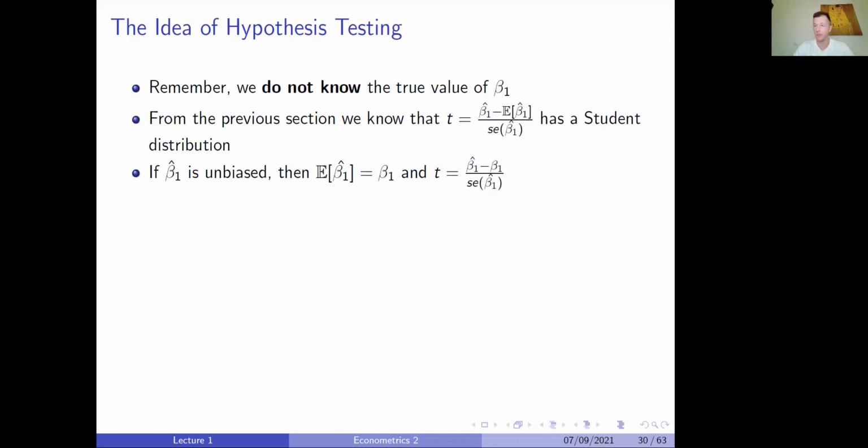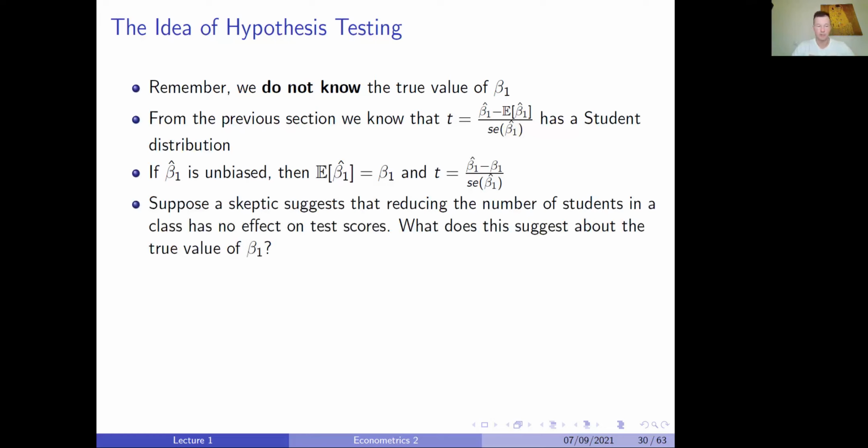And if we provide such conditions that beta 1 hat is unbiased and the expected value of beta 1 hat is beta 1, then I can simply plug inside this expectation in the t-value the true population parameter beta 1. What does it give us?